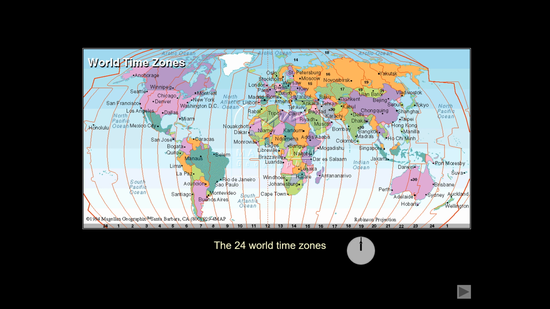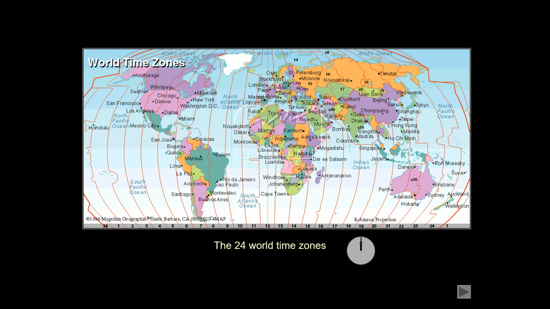If we apply it to the world, here's a look at the way time zones are set up. Now, one thing you'll notice is these red lines, which actually represent time zones, are not straight. And that's because some countries have decided that they don't want their country split between two time zones, especially big ones. So they've manipulated the line a little bit so that they're included in one time zone or another.